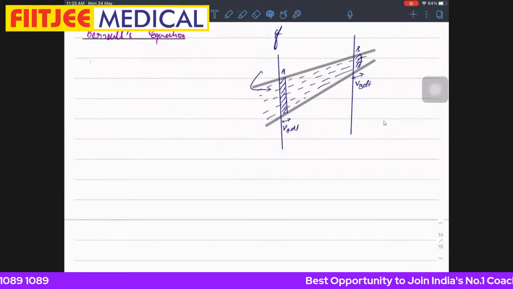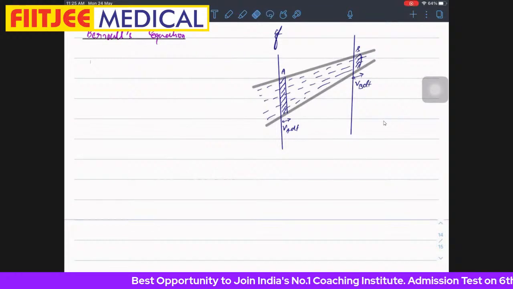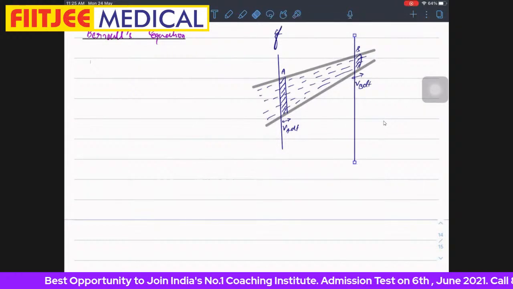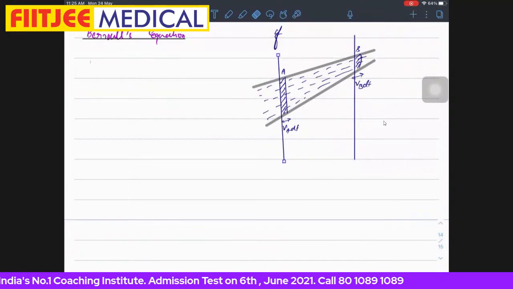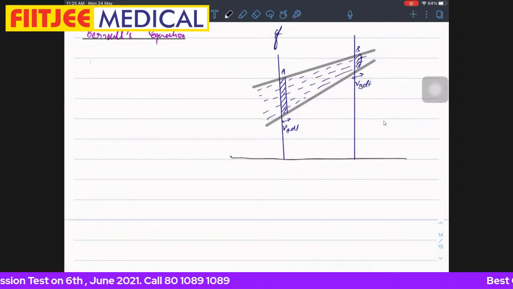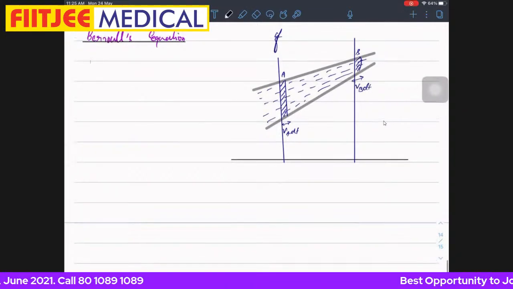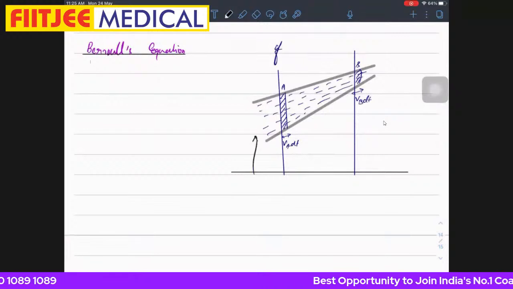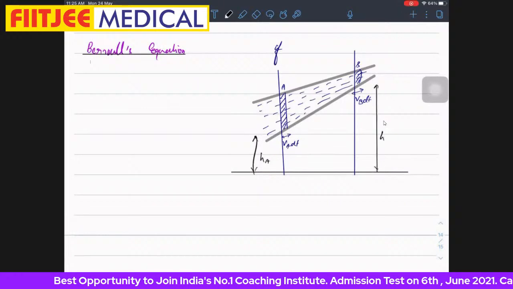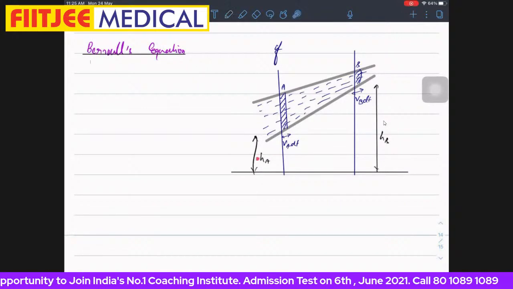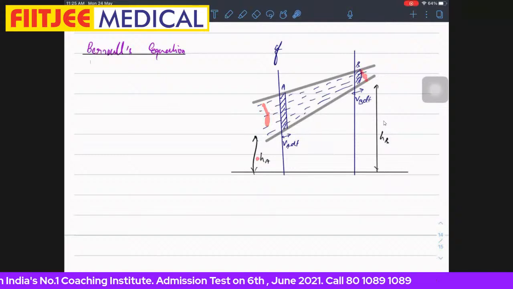So here, suppose this height we represent as HA, this height we represent as HB, and with respect to the height this thickness is very small.